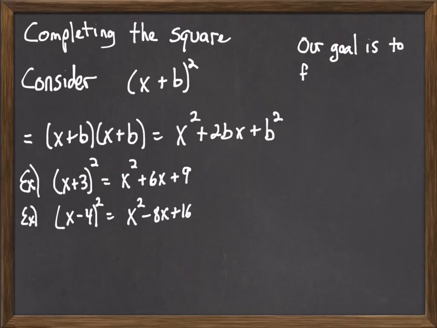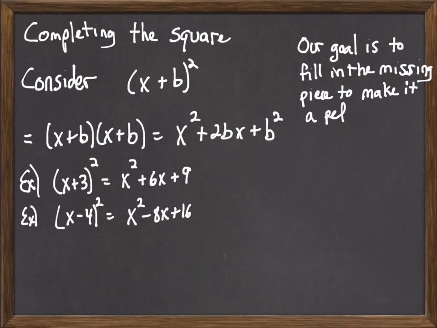Okay, so our goal is going to be this. We're going to have part of one of these squared polynomials, but we need to find the missing part. Particularly, we're going to have the x squared term and the x term, and we're going to need to figure out what the number term would have to be so that it would be a perfect square.